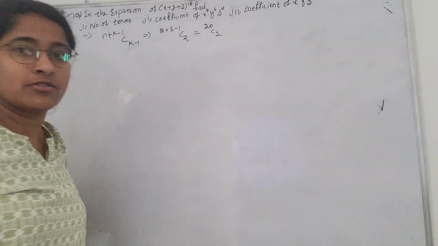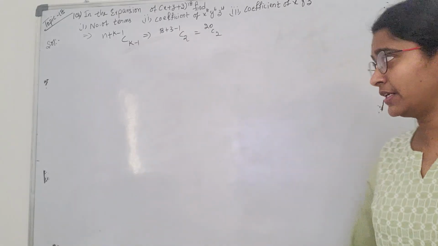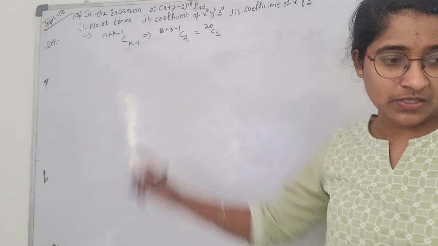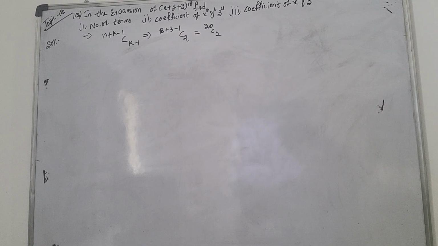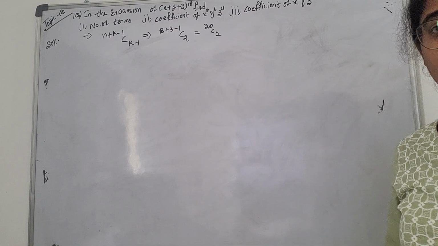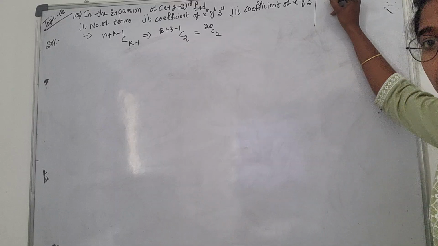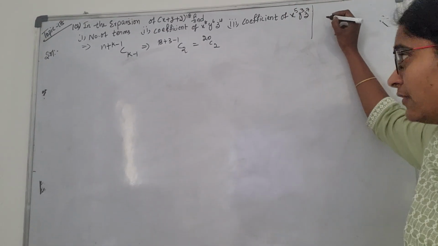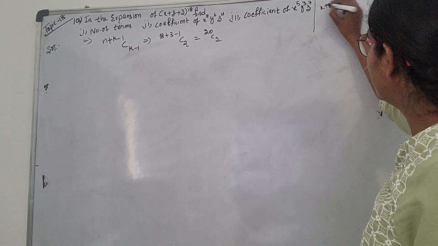I forgot to explain: instead of the formula, you can also find it directly. See, (n + k - 1) C (k - 1), right? Suppose it is x + y + z, three terms are here.